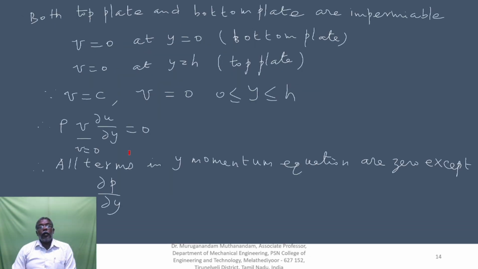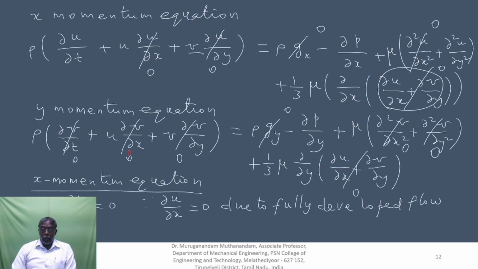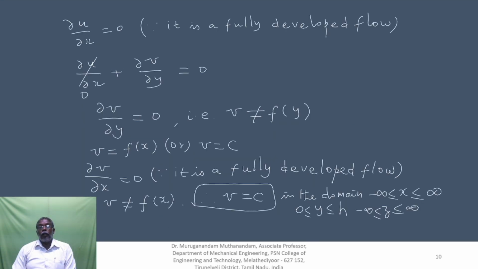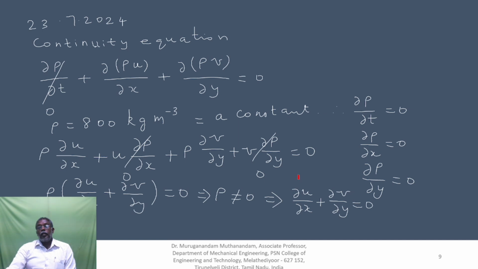If you see in the reduced form of the continuity equation, these are partial differential quantities. Partial u upon partial x is a partial differential quantity. Partial v upon partial y is a partial differential quantity.